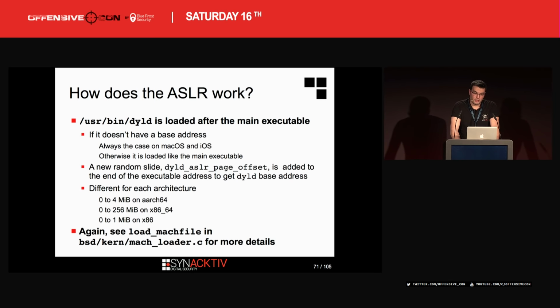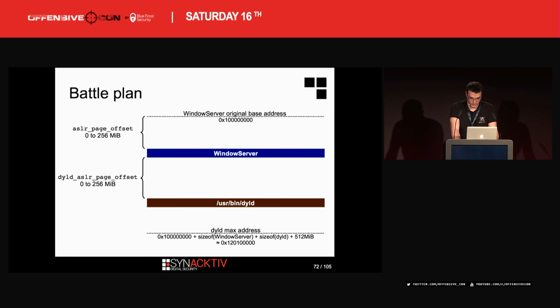And the dynamic loader is loaded just after the main executable, if it doesn't have a base address, which is the case on macOS and iOS. And again, a 256 megabyte slide is used. So basically, when you create a process, you will have this layout. The original base address is at the top.